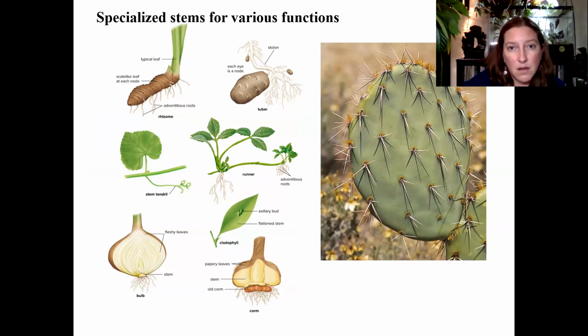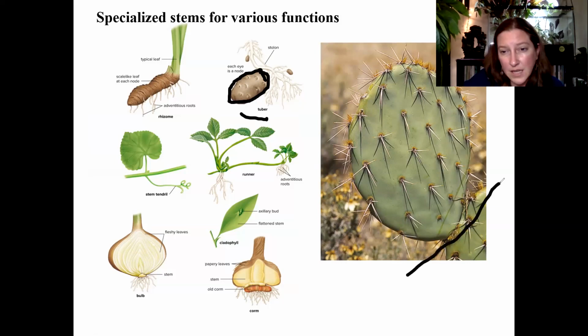So in the case of this tuber, this here is a stem that's storing food for the plant. You can see here, this cactus is an example of a stem that's storing water for the plant. Here's another example of something storing food. This is something called a corm.